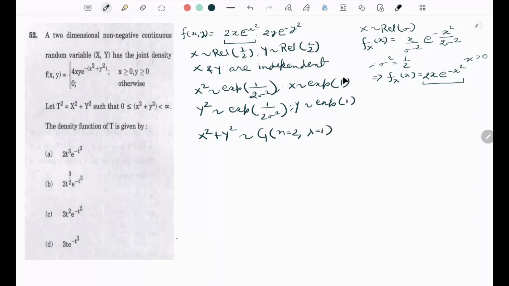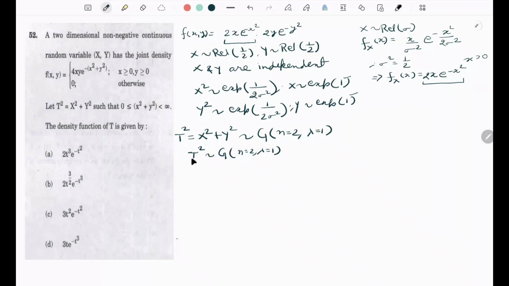So we have that T², which is equal to X² plus Y², follows gamma distribution with n equals 2 and lambda equals 1.